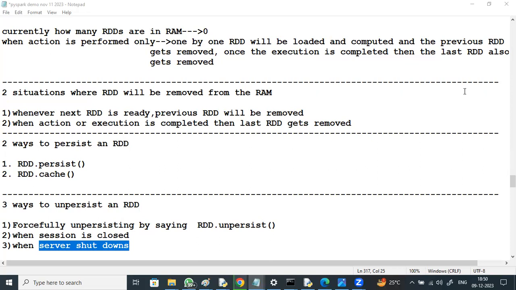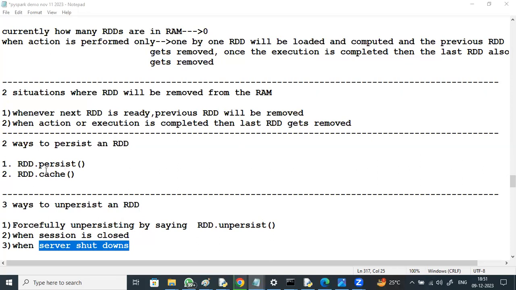Instead of failing the execution, it will be stored at the disk level, and the next RDD will take the output from the disk as input. So automatically it stores in the memory, and if the memory is full or busy, then it will push to the disk.